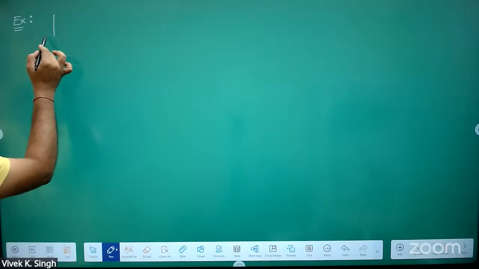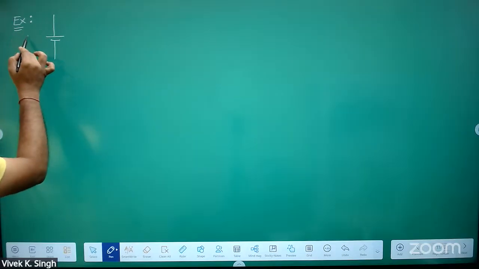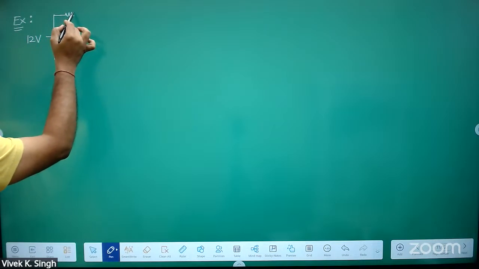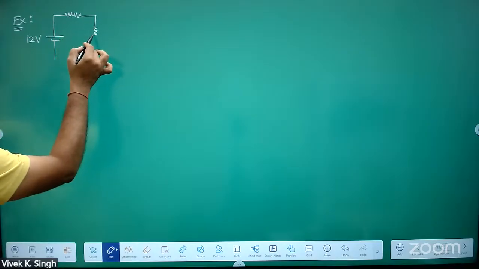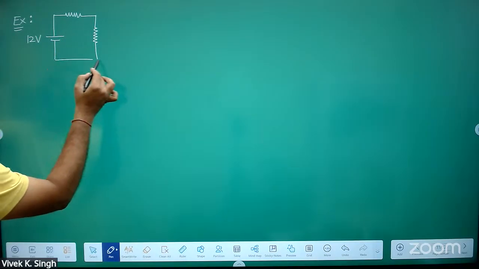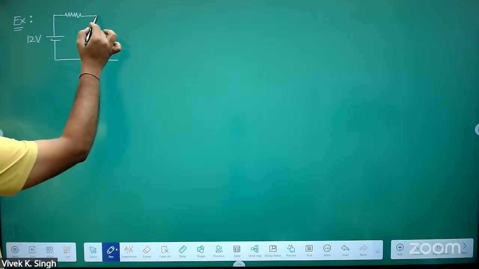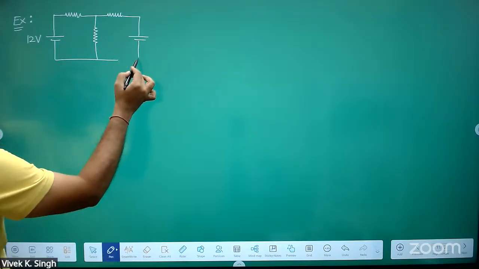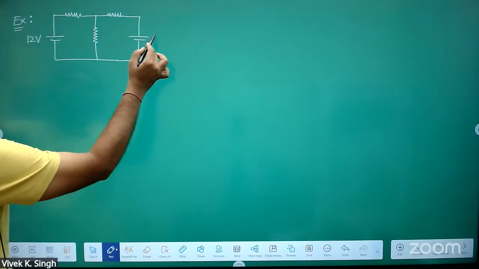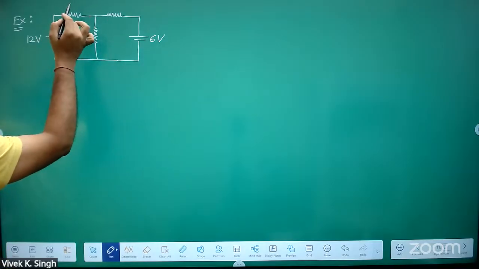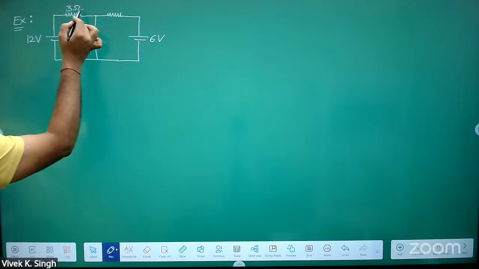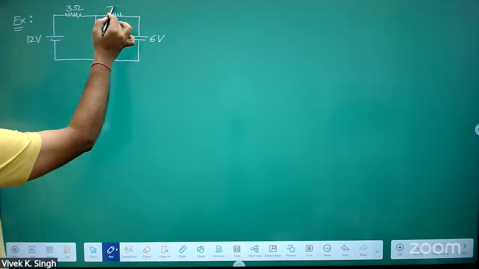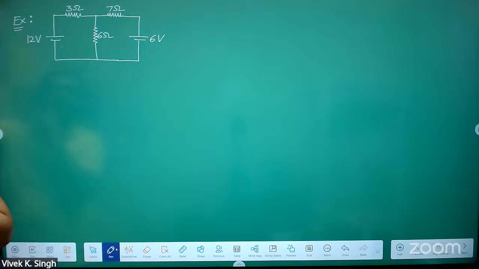This is given: 12 volt, 6 volt. This is 3 ohm, 6 ohm, and this is 7 ohm.